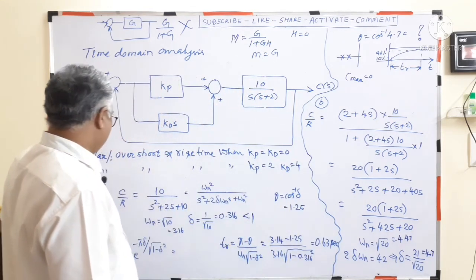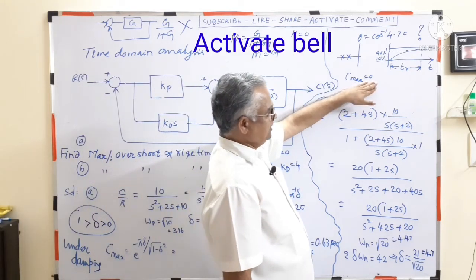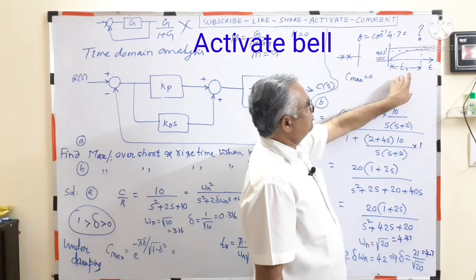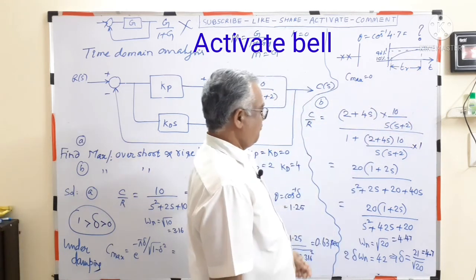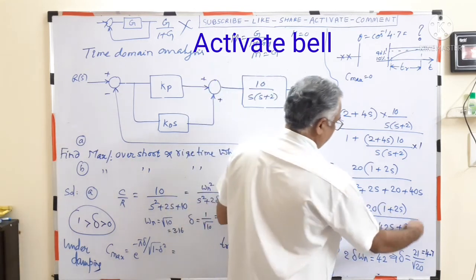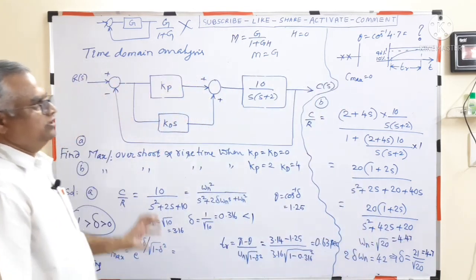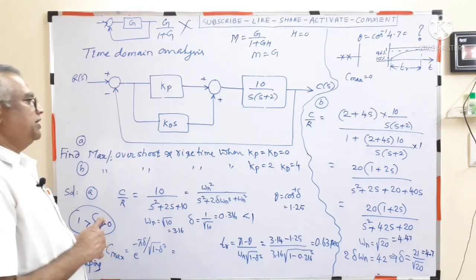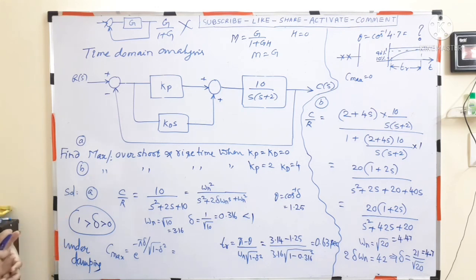At least the A part is straightforward. In the B bit you should say overshoot is 0, and the rise time you have to find like this. Practically it takes a lot of time, so I am not doing it, not necessary, but that is going to be the complicated part of finding rise time. So that is the specialty of this problem.